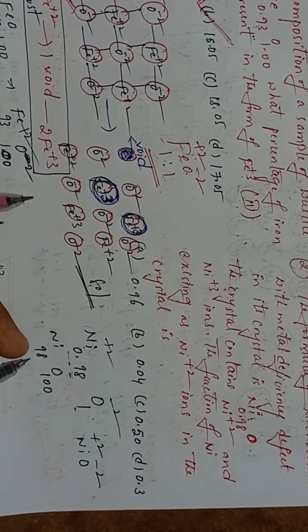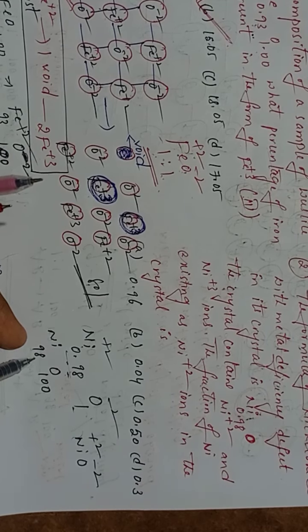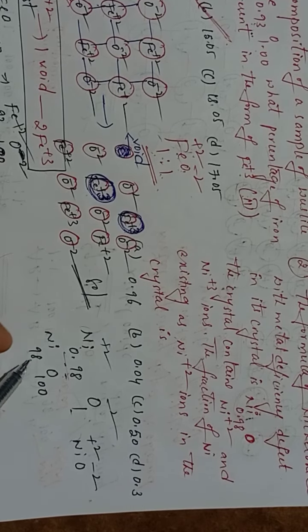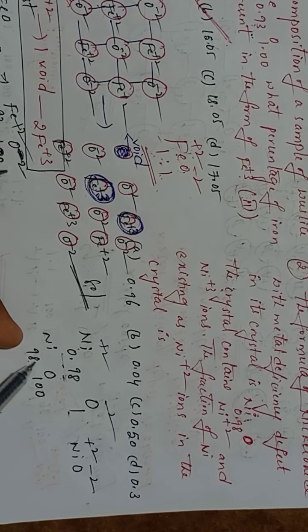That means here nickel, how many are lost, students? 98 is given. That means 2 cations are lost, 2 metals are lost. That means there is a deficiency of 2 metals.